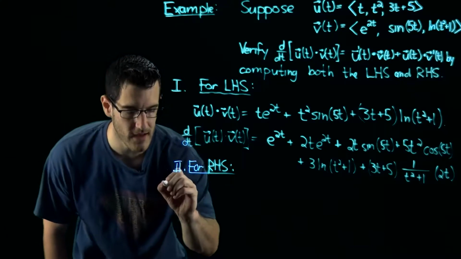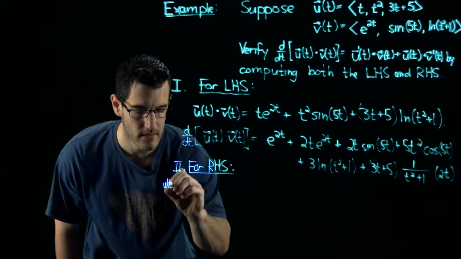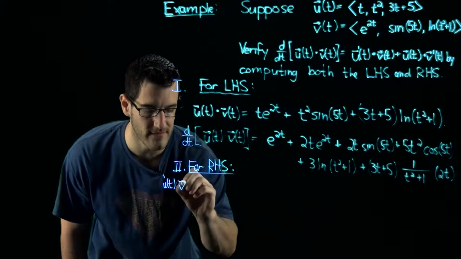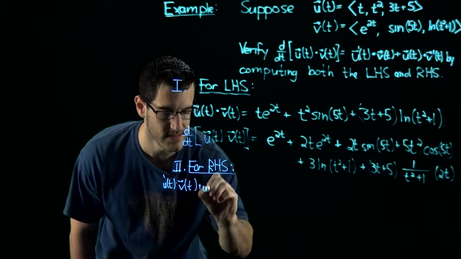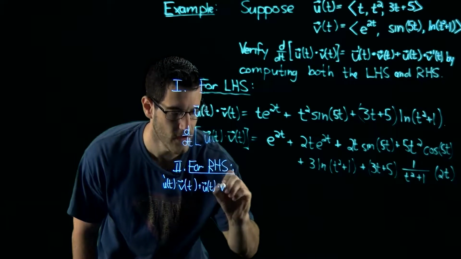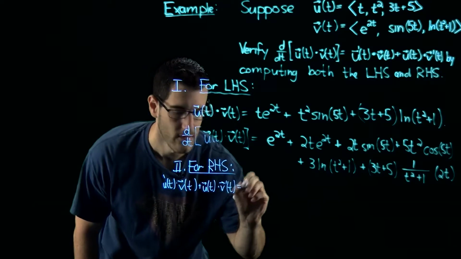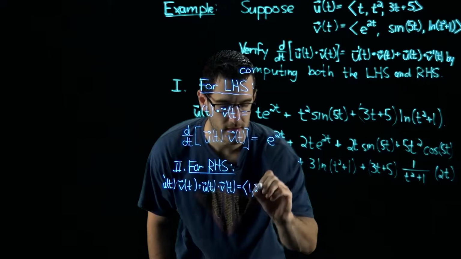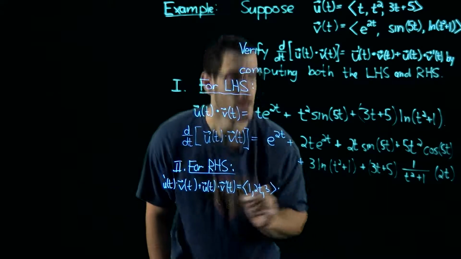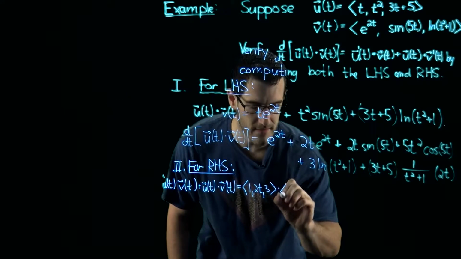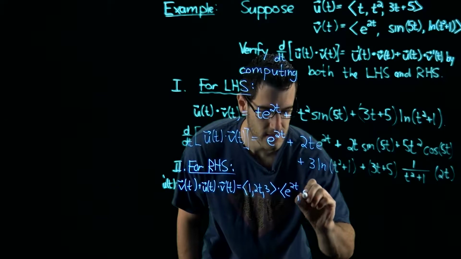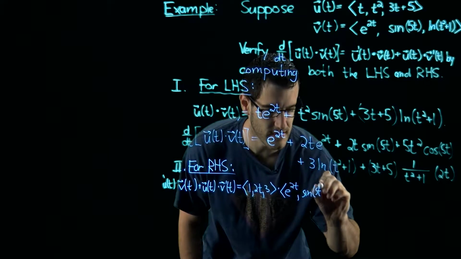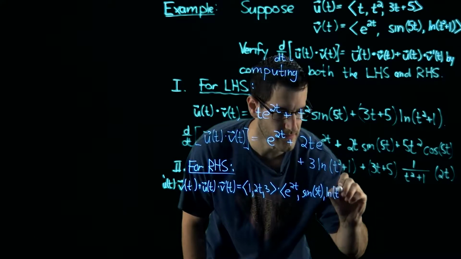Okay, so when we do that, our u prime dot v plus u dot v prime, we first take the derivative of u, which isn't too bad. It's just going to be 1, 2t, 3. And we're going to dot that with v, which is e to the 2t, sine of 5t, log of t squared plus 1.